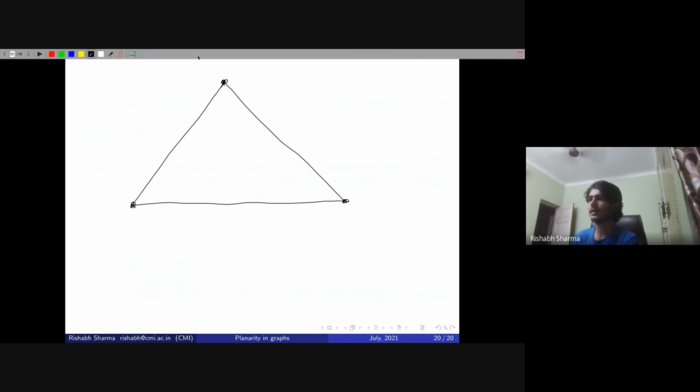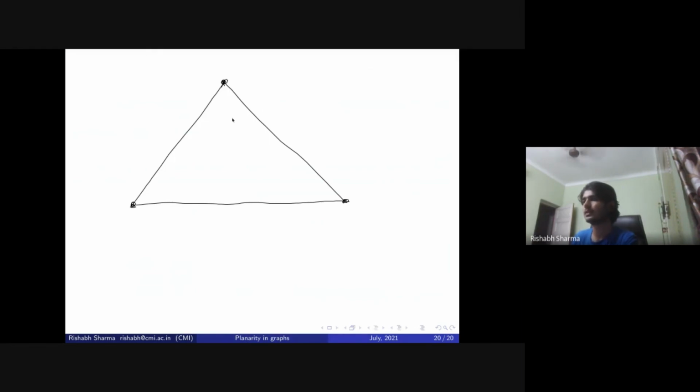And I color the vertices. Before that, I have this triangle and I subdivide this triangle into smaller triangles.